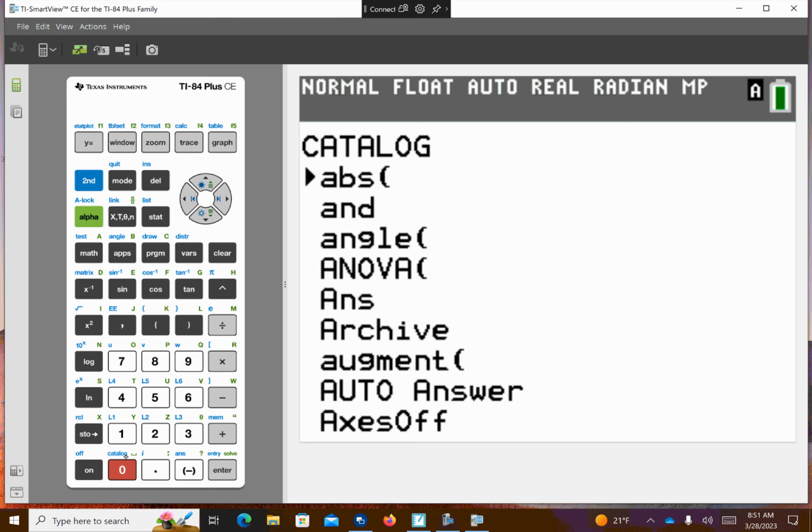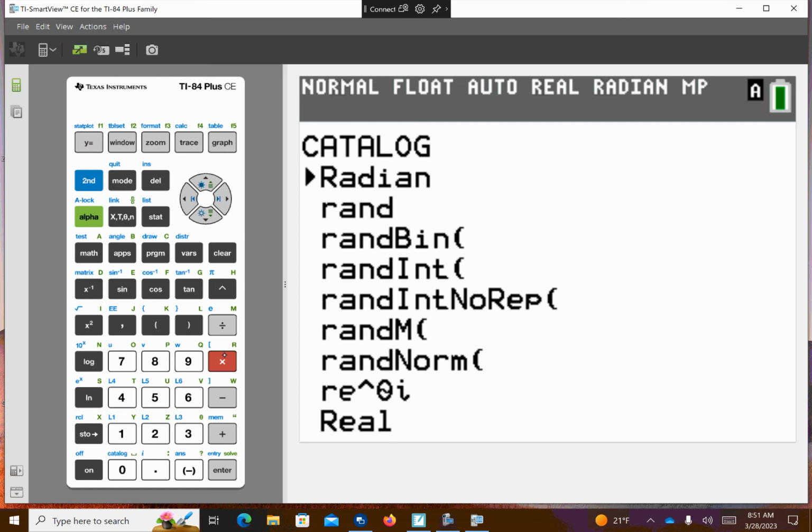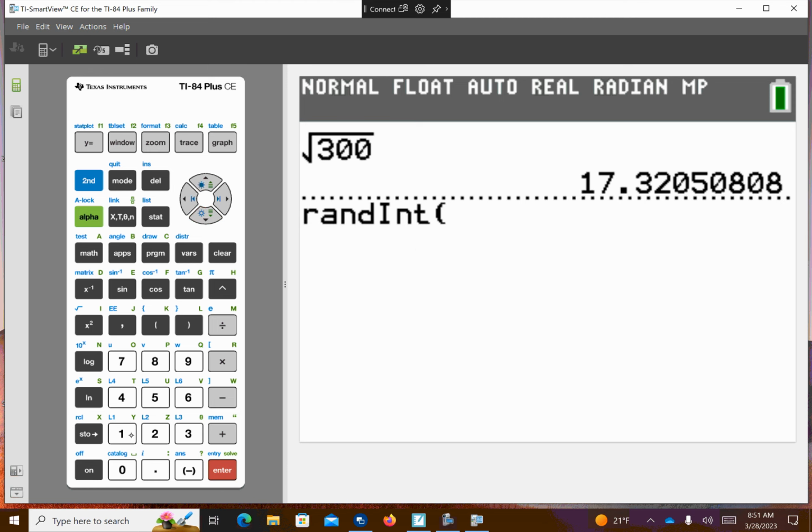And they found this problem on the AP statistics test. So random integer, if I went from 0 to 100 and I wanted to choose 5 numbers, I think this is going to work.